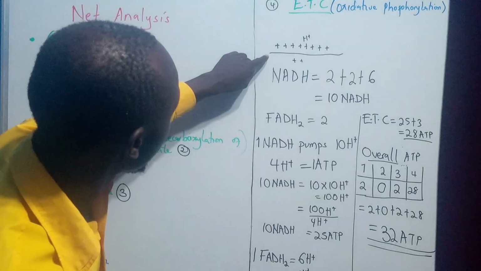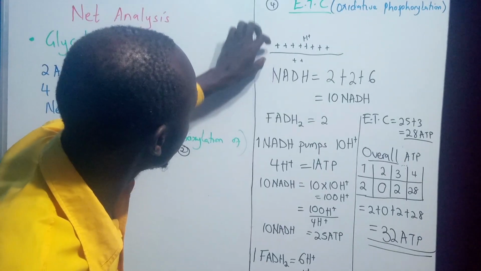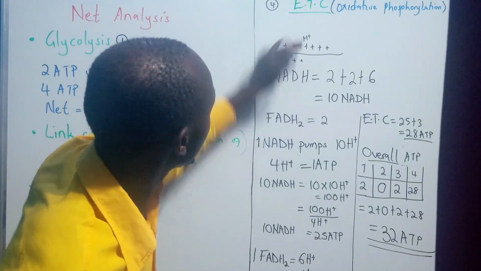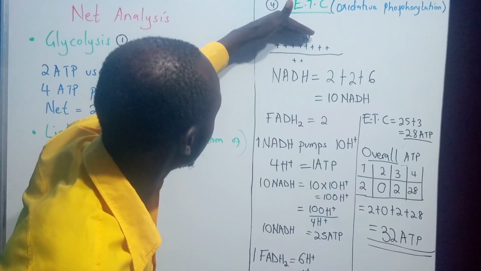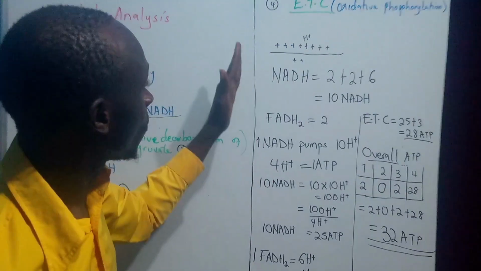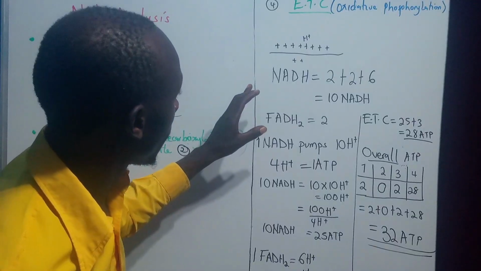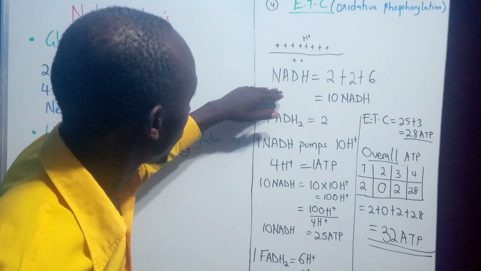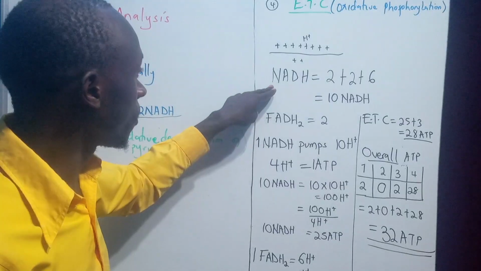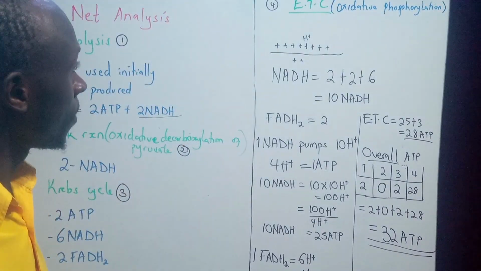So this is the inner mitochondrial membrane, and this is the intermembrane space having hydrogen ions, positively charged. Most of them are going to be pumped into the intermembrane space through the complexes, complex 1, 3, and 4. These hydrogens are always generated by these molecules, NAD and FAD. A single NAD alone will pump about 10 hydrogen ions into the intermembrane space.